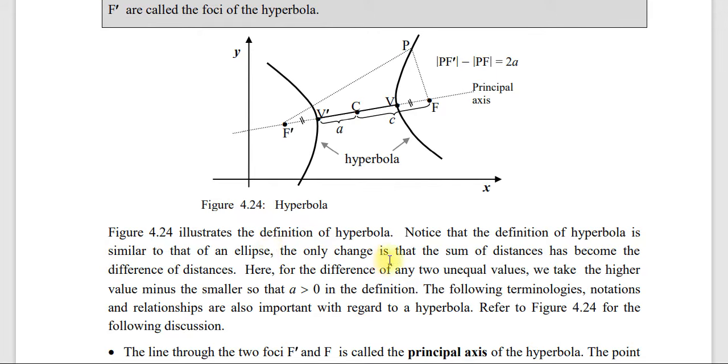Only change is that the sum of the distance has become the difference of the distance. አይታችኋል ልዩነቱን ከኤሊፕስ ጋር? ኤሊፕስ the sum of ነው የሚል፣ ሃይፐርቦላ ደግሞ the difference ነው የሚለን ማለት ነው። So here for a difference, the difference of any two unequal values, we take their value minus the smaller so that a greater than 0 in the definition.